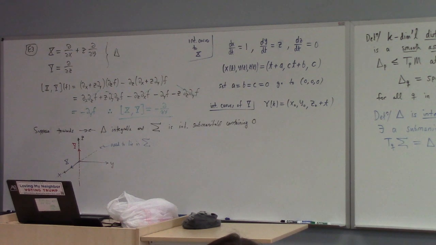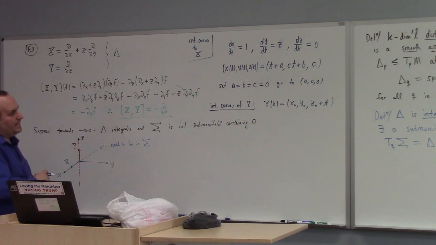Did I miss something? According to the first definition of the integral curves, x(t), y(t), z(t), if it varies in the vertical direction, it also varies in the y direction, and vice versa.